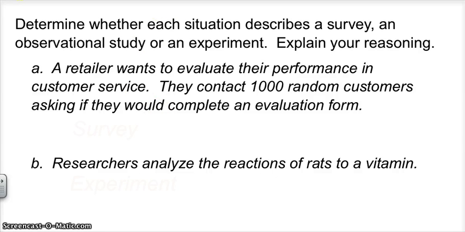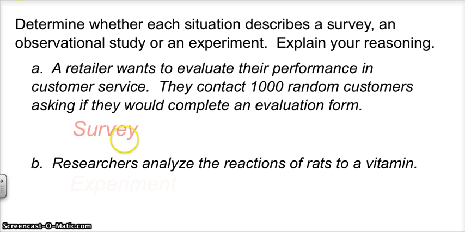What are some examples? Here we're asked to determine whether each situation describes a survey, an observational study, or experiment. Explain your reasoning. Part A, a retailer wants to evaluate their performance in customer service. They contact 1,000 random customers asking if they would complete the evaluation form.